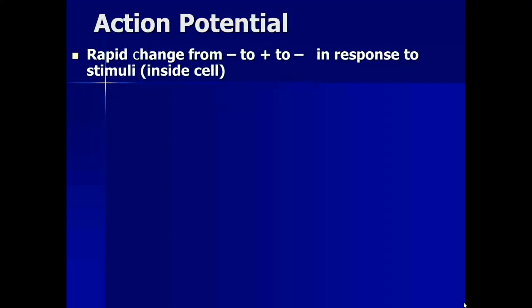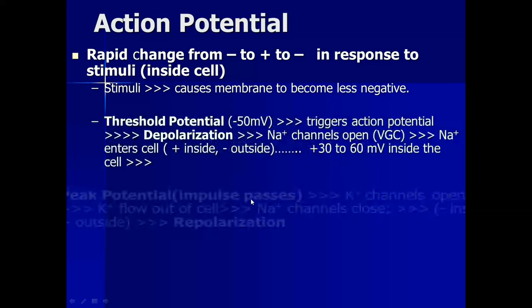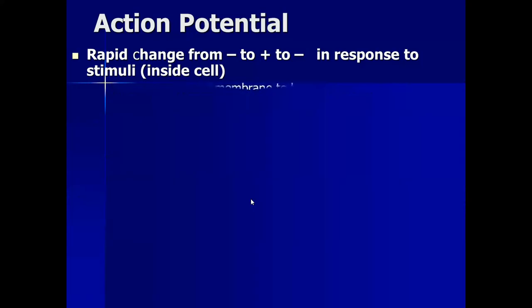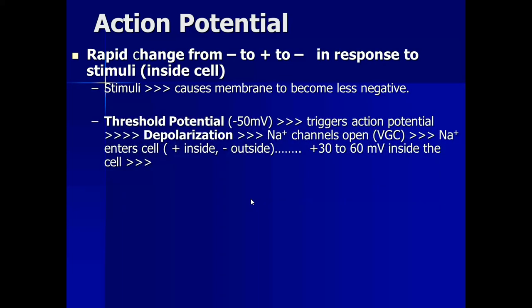That's what an action potential is: a rapid change from negative to positive, back to negative in response to a stimulus. Now remember, this is inside the cell with reference to outside. A stimulus causes a membrane to become less negative. Once the membrane reaches what is called threshold potential, meaning increasing from -70 to -50, it triggers, and I did these notes in shorthand, an action potential, which triggers depolarization.